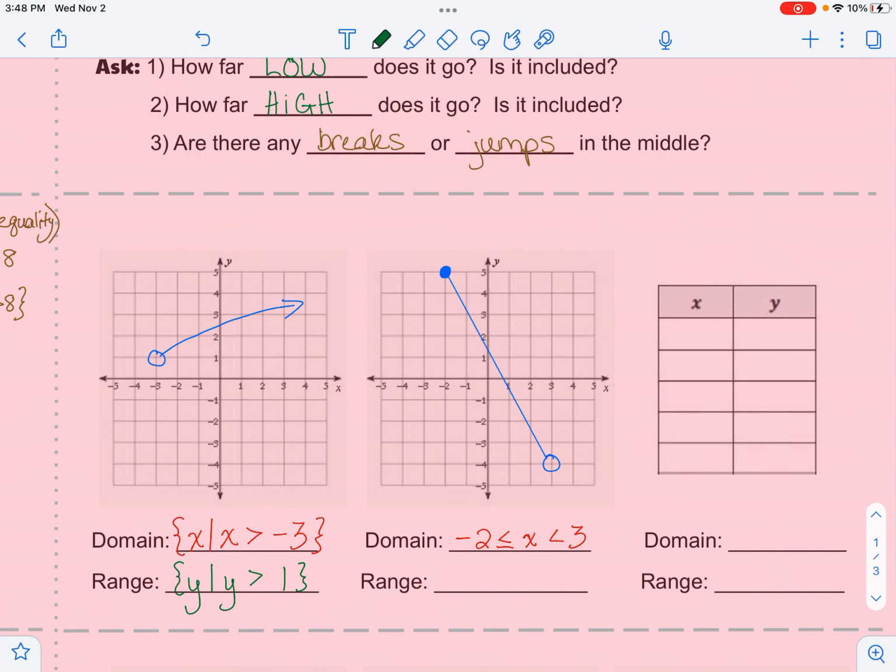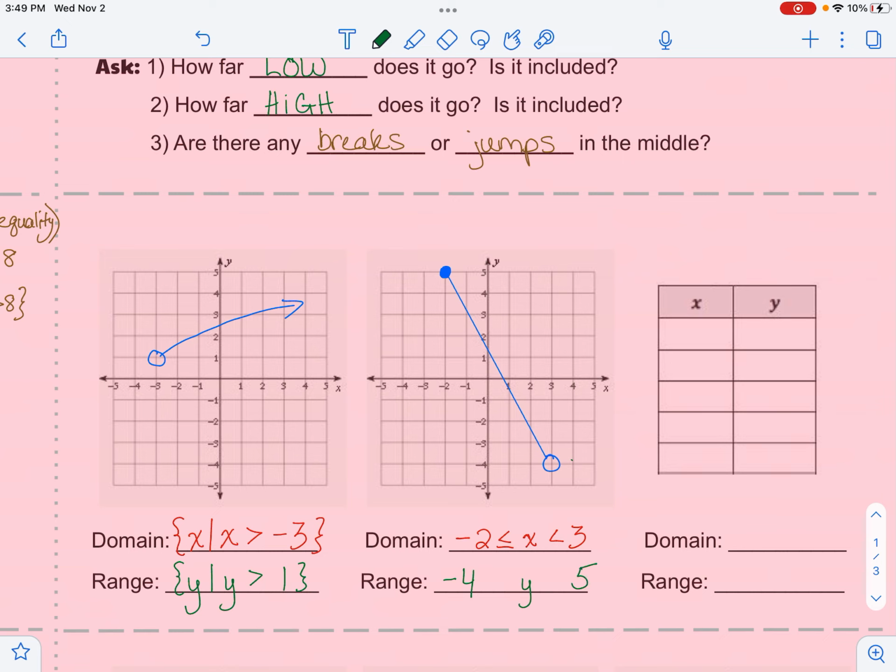So my range, I've asked first, how low does it go? So don't start at the top, start at the bottom. So the lowest this goes is going to be at -4. So I'm going to put -4. And because the range are y values, let's put our y. And then the highest this goes is going to be up at 5. So I'm going to put 5.